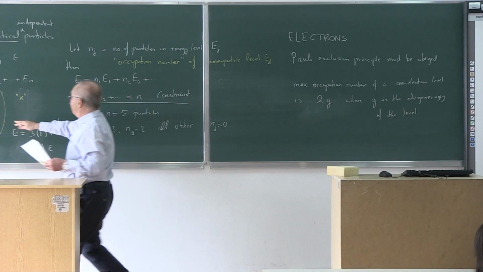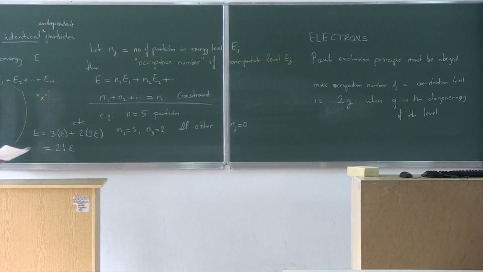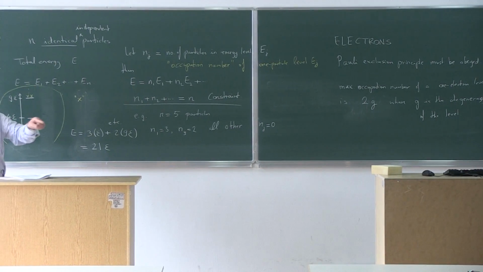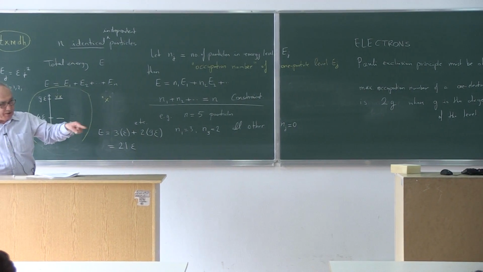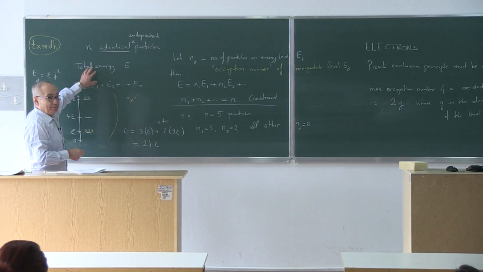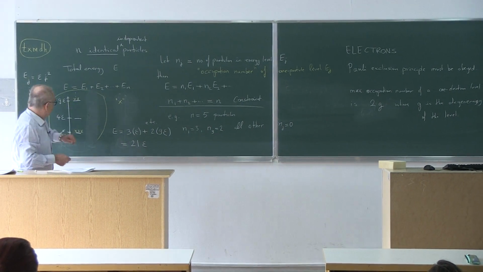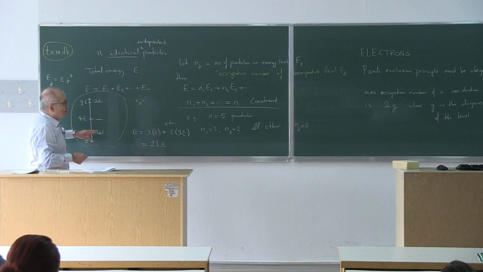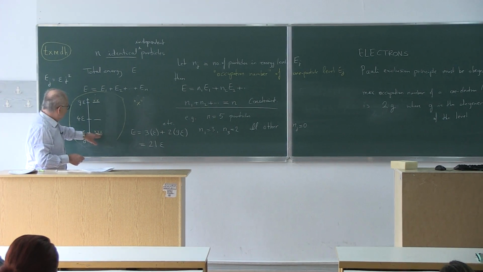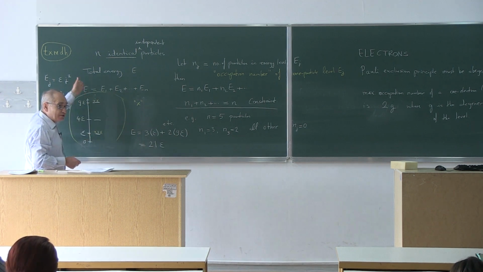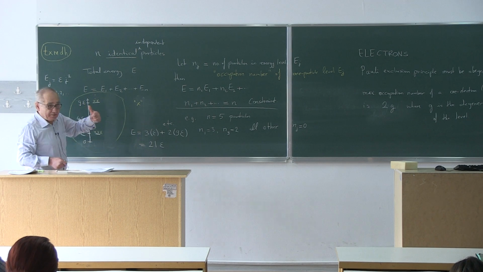In our example here, if we use the particle in a one-dimensional box model for the electrons, now we are assuming all the particles are electrons here. Then the degeneracy of each level here is 1, which means all of these energy levels are non-degenerate.